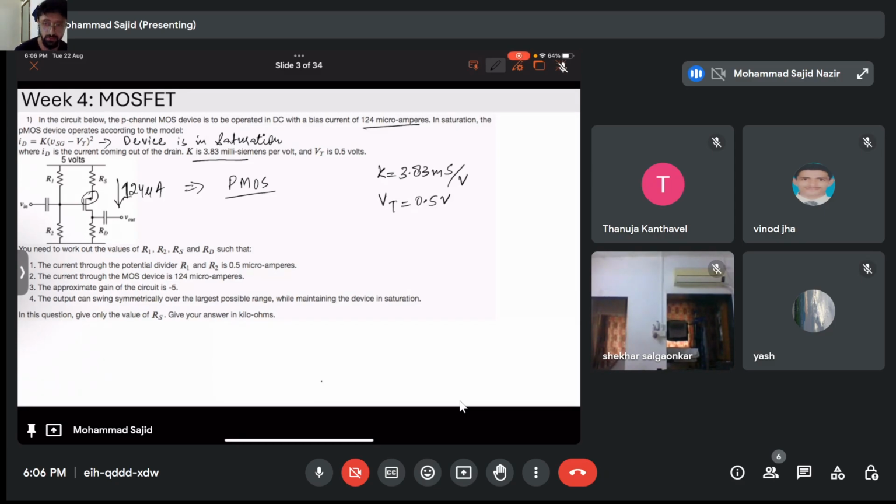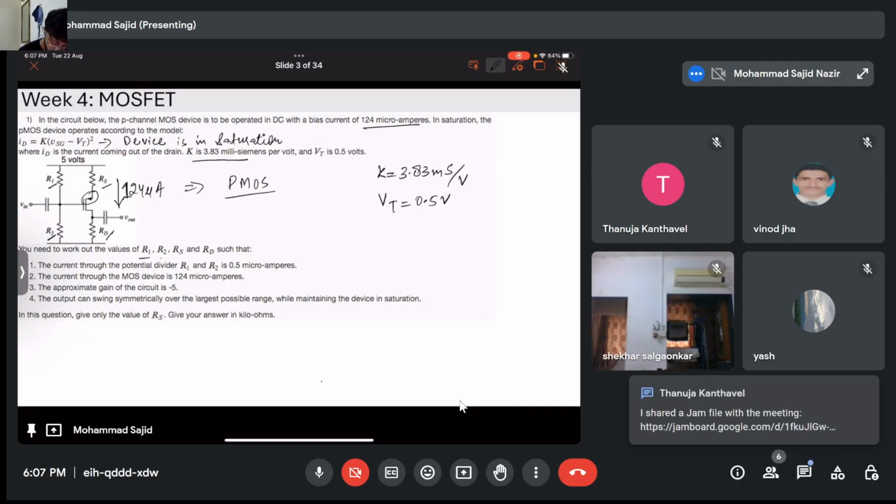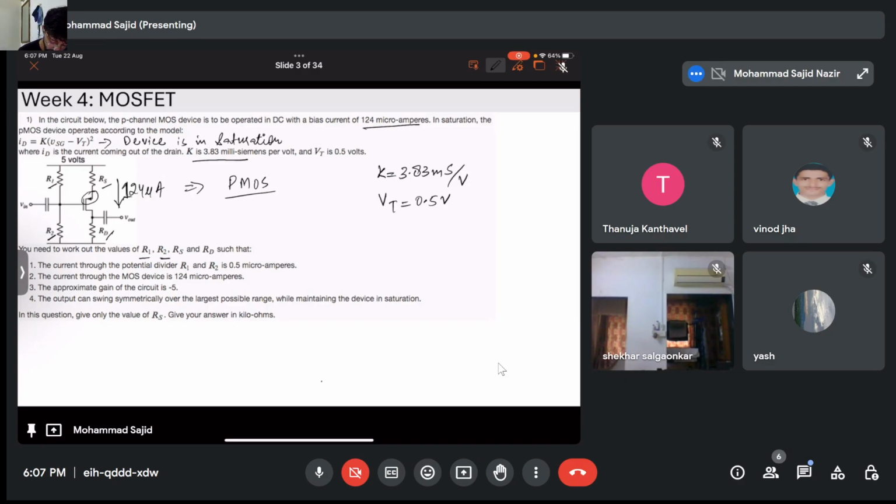Okay, what we need to do is find R1, R2, RS, RD, right? These are the four things we have to find. Since we are not given values of R1, R2, we cannot directly calculate VG here, right?